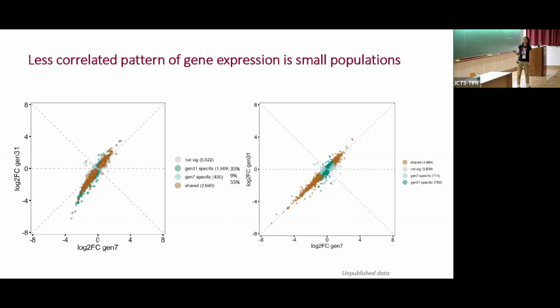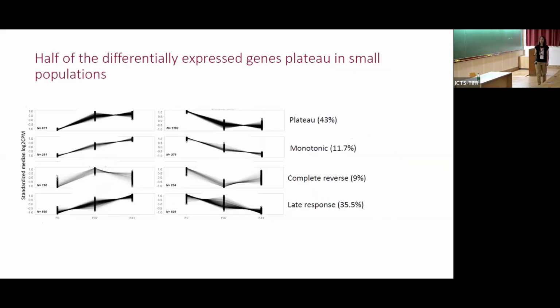Here a majority of genes, around 75%, are shared, but here we do not observe this pattern, and that might be an indication that these populations are not as efficient in their adaptation, and the potential optimal phenotype has not been reached at generation 31 here.